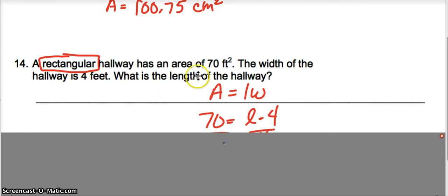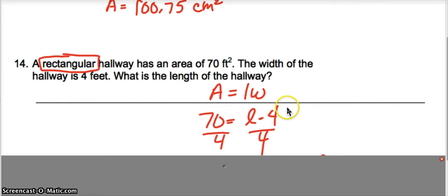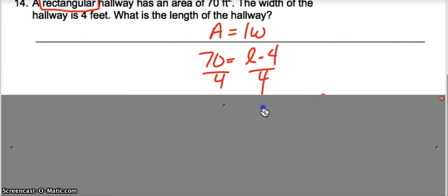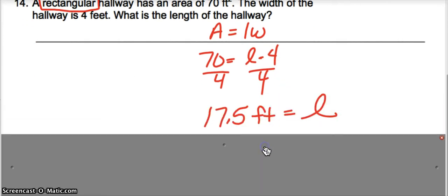Substituted in that the area was 70 feet. The length is what we're looking for, and I use that cursive L so it doesn't look like a 1, times the width, which is 4. Divided both sides by 4 in order to get just what L equals. And the length of the hallway would be 17 5/10 feet long.